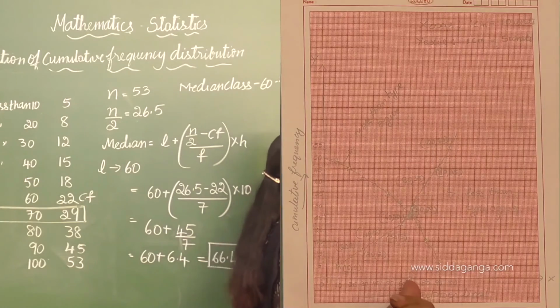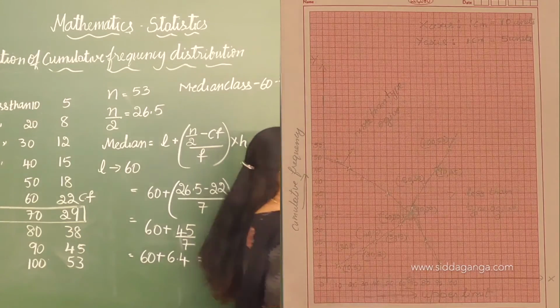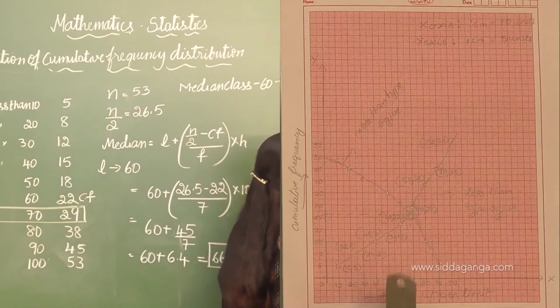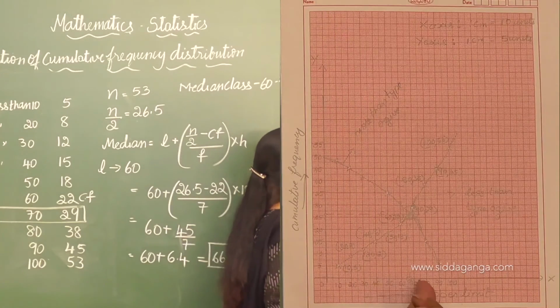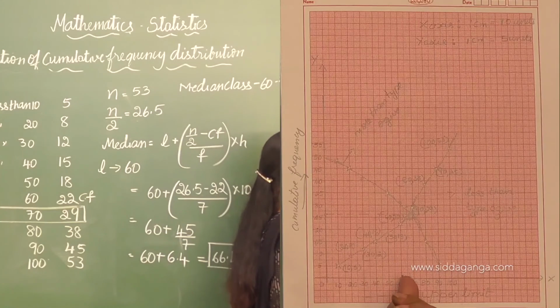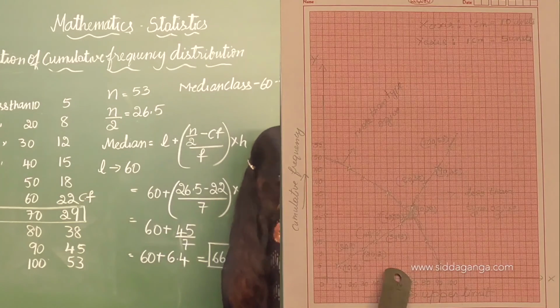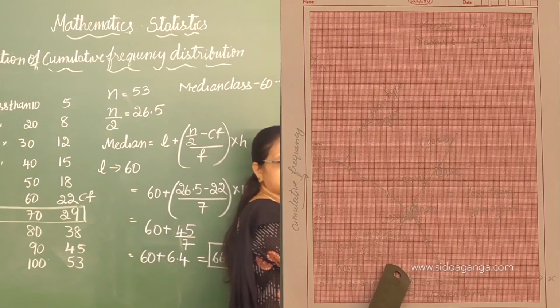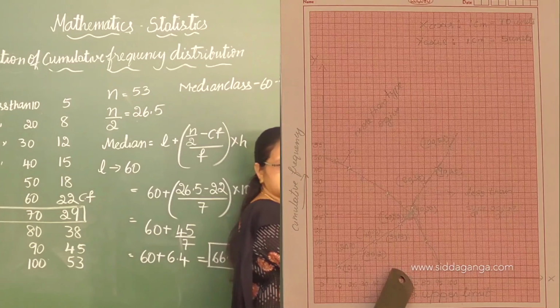So you will get approximately 66, and our answer is 66.4. Here 60 and 70, 65 is the middle one. 0.4 exactly we are not able to find in this, but approximately 66 we will get.